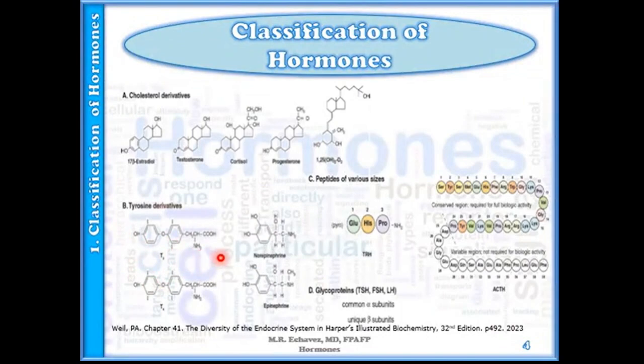Now, when we look at the chemical composition, we see that one ring is incorporated into your catecholamines, whereas you have two rings in your thyroid hormones. This is important because it affects the solubility of the molecule.